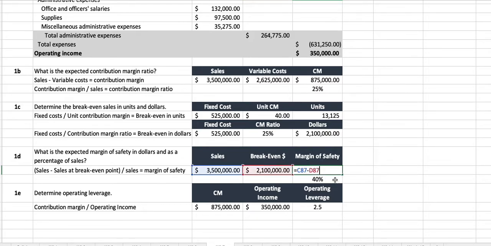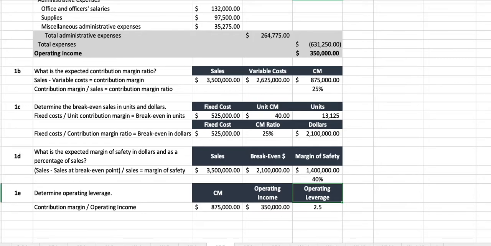And so how did we do that? We just subtracted break-even sales from sales. That gave us that interim calculation. And now we're going to calculate the percentage. And how did we do that? We simply took our margin of safety and divided it by the sales. So this tells us that our margin of safety is 40%.